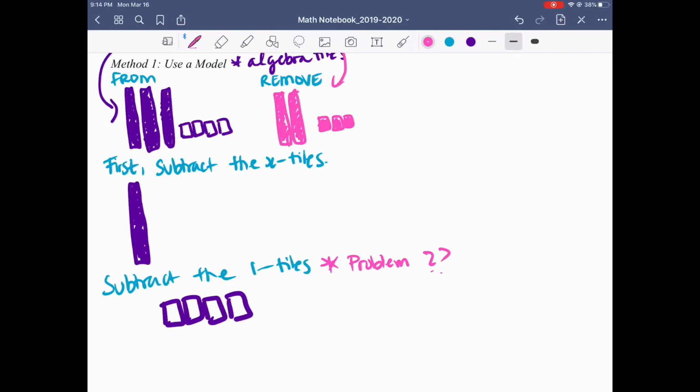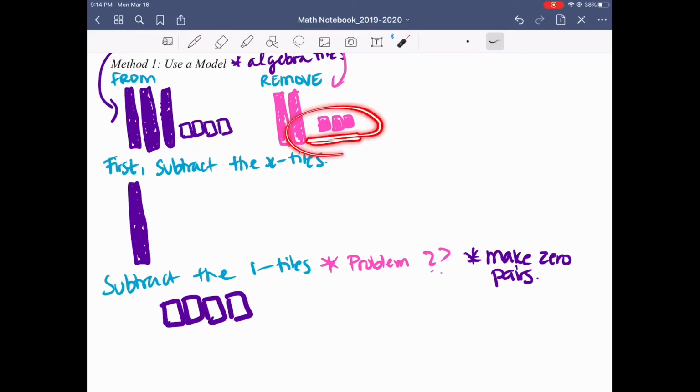So the idea here is that we want to make 0 pairs. Okay, so what we're going to do is we need to subtract out 3 positive tiles, but we don't have them, so we're going to actually make or draw our own 3 positive tiles.